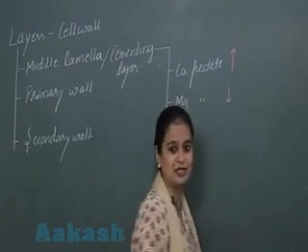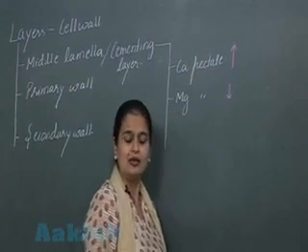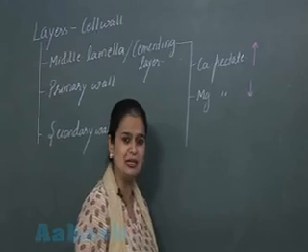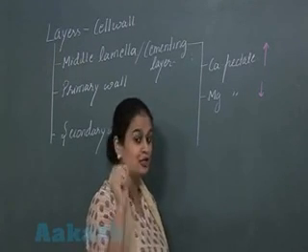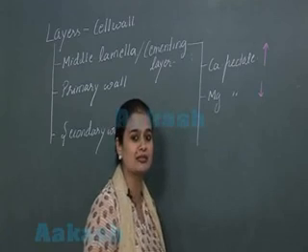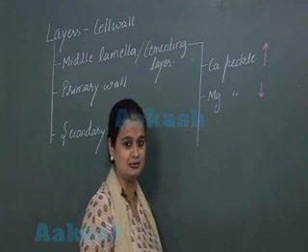Now this cementing layer is the first formed structure during the cytokinesis of the plant cell.